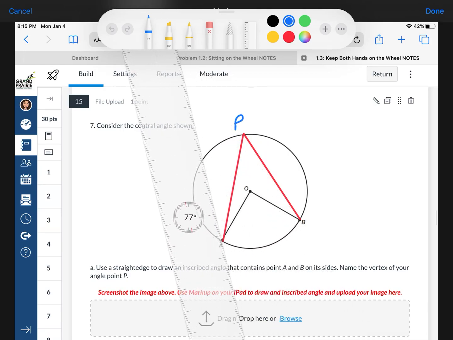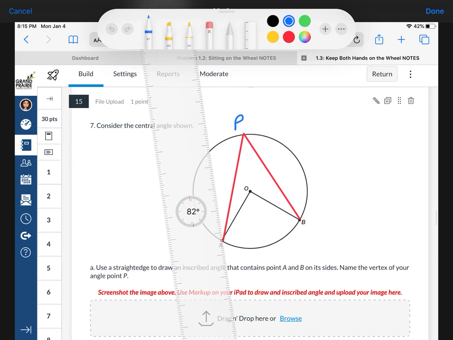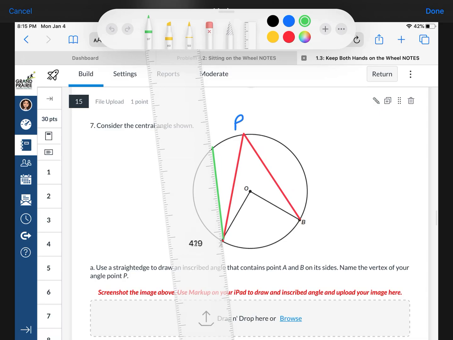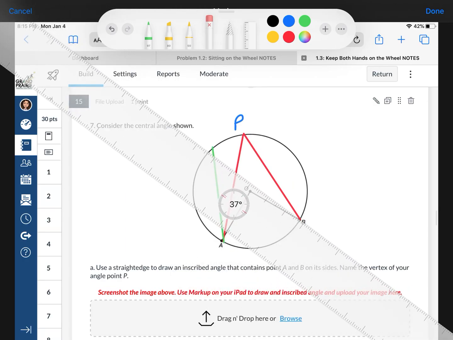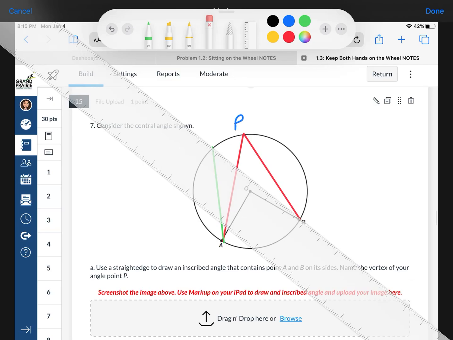I'm going to make it green. It's got to go through points A and B, but it's going to have a different vertex.